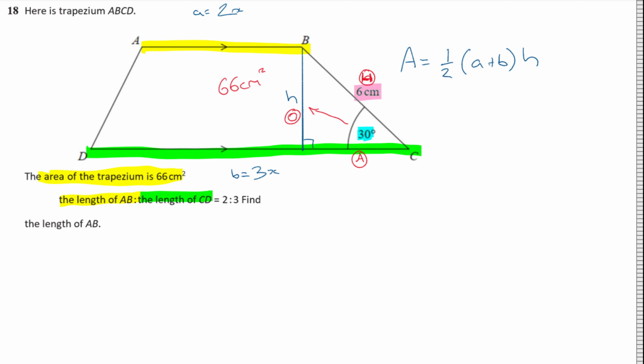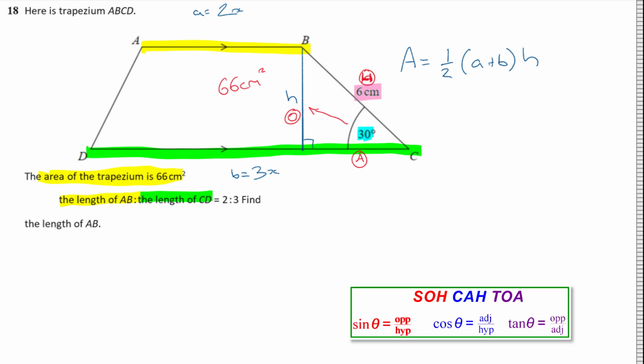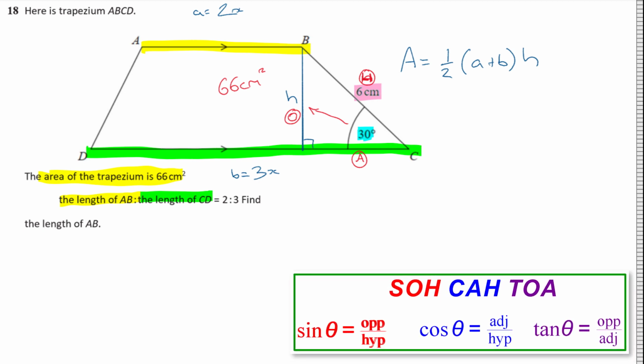This seems to be a job for trigonometry, and in particular, trigonometry in right angle triangles. So I'm going to pull up my mnemonic SOHCAHTOA to help me remember which ratio I'm going to need in order to work out that H. I've got the hypotenuse and I want the opposite.